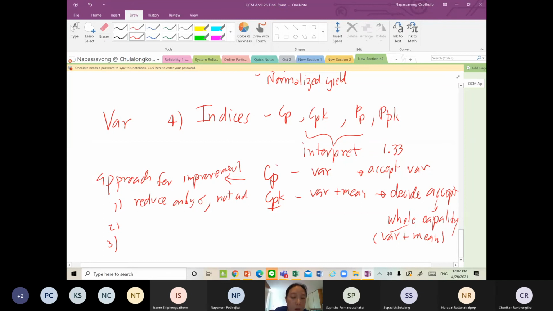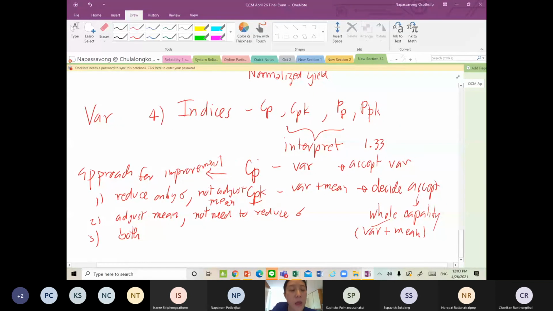The second is different: we should adjust the mean to the target, but do not need to reduce variation. And the third approach is that we have to do both. Remember this, we have done the workshop about this. So this is all for process capability analysis.